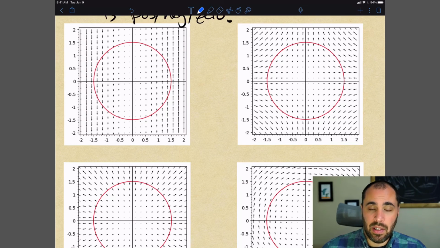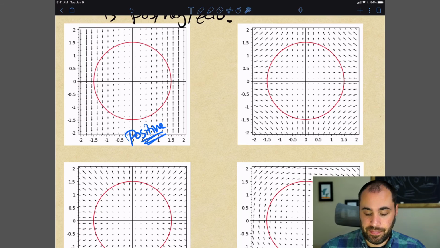And in general, anytime we're moving up, the vector field's pointing up, that is, in the right half plane. When we're moving down, the vector field's pushing us down in the left half plane. So the net effect here is the vector field is helping. So this is a positive circulation integral.